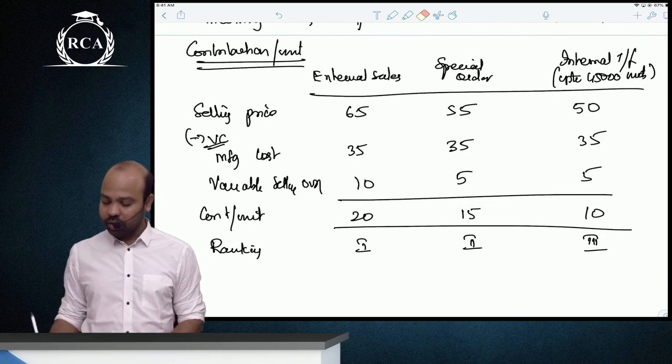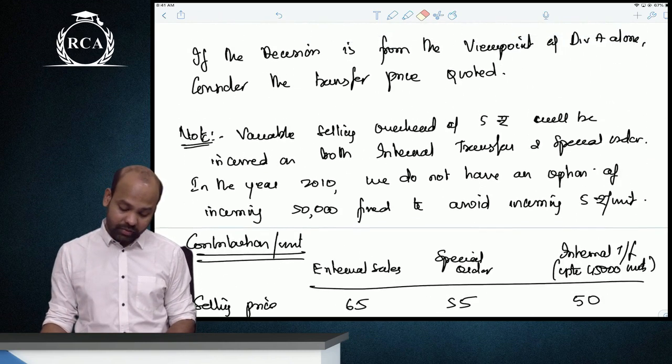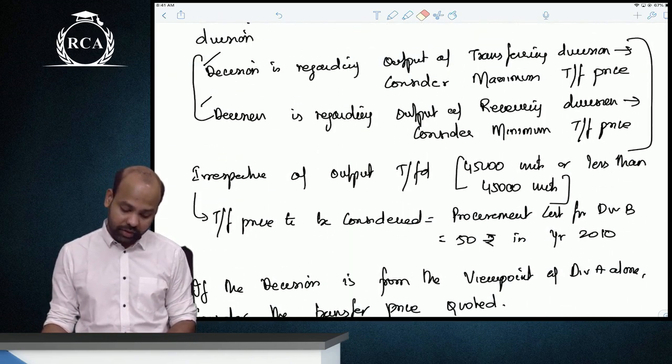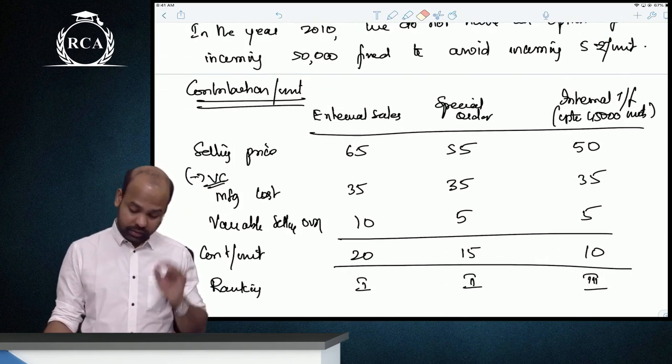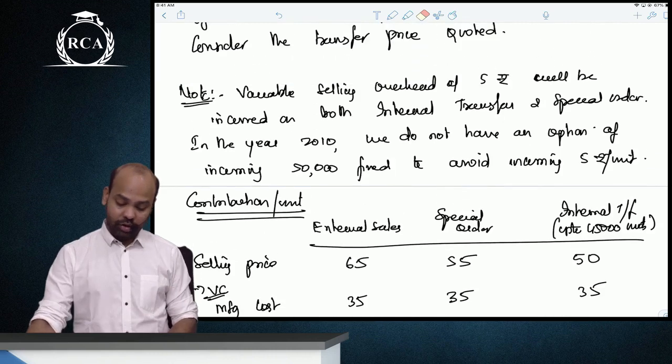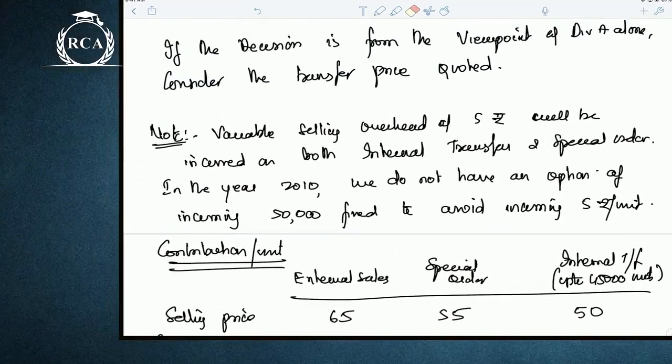I hope you're all clear about this, beta. We will be using this for the purpose of determining our optimum product mix. Yes sir. Write this, guys, all of you write this, beta. Write the point of variable selling overhead too, guys, everyone.